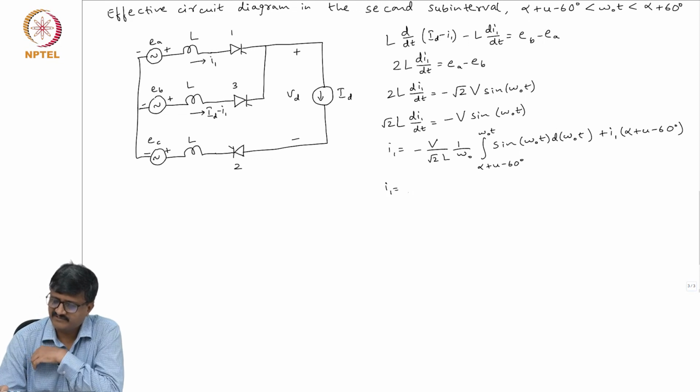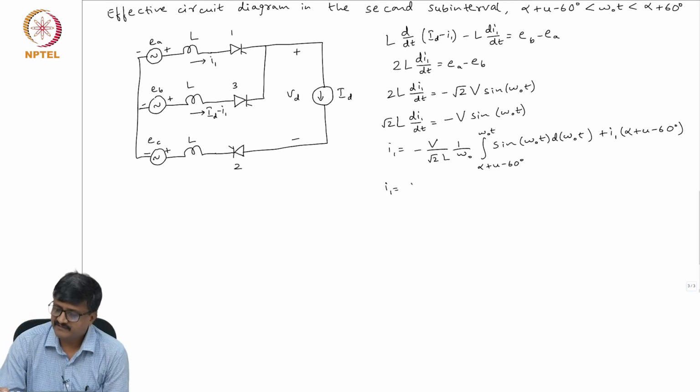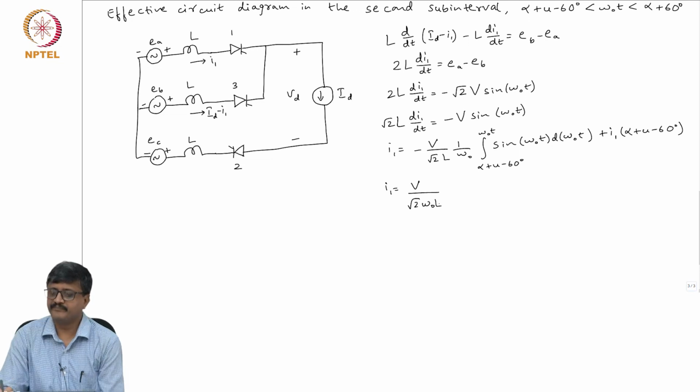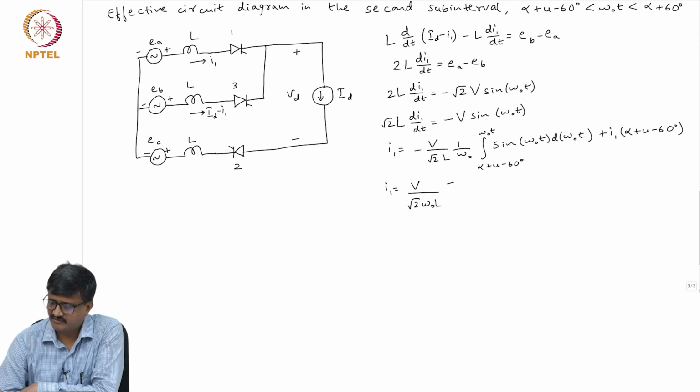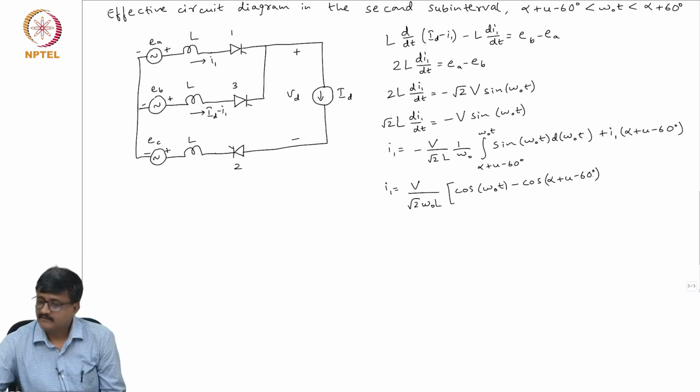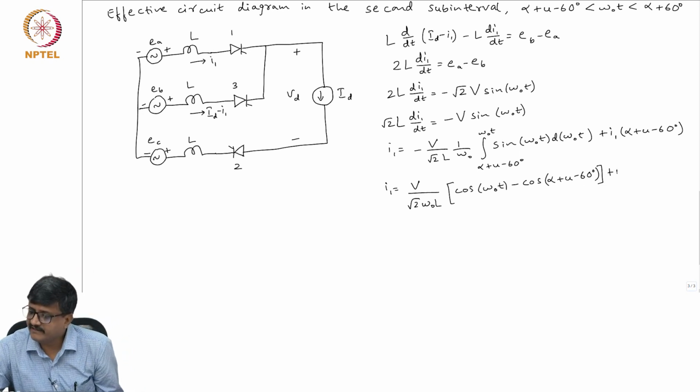So, from that we get the expression for I1 as V by root 2 omega L. The integral of minus sine is cos. So, I get cos omega t minus cos of alpha plus u minus 60 degrees, plus I1 at alpha plus u minus 60 degrees.